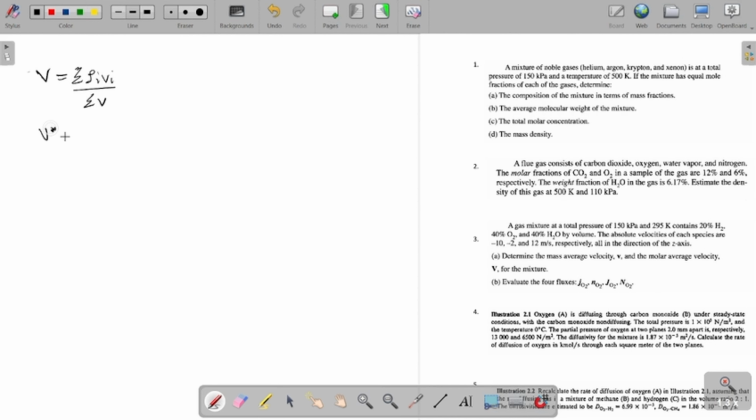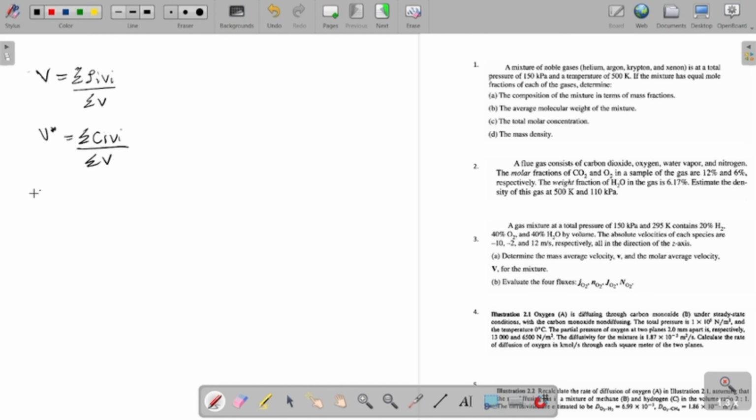And the molar velocity is also given as the summation of molar concentration times the individual velocities, divided by the summation of the concentrations. This is what we're going to use to calculate the mass average velocity and molar average velocity. We've also been asked to calculate the flux.